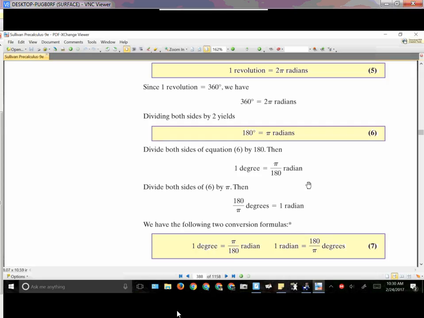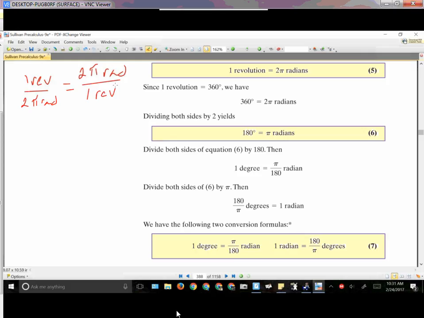Now, when I tend to do these things, I tend to like to see them written, not so much like this, but I would write it as 1 revolution over 2 pi radians is equal to 2 pi radians over 1 revolution. I do this that way I can kind of pick and choose which one I want because things are going to be in the form of a fraction.